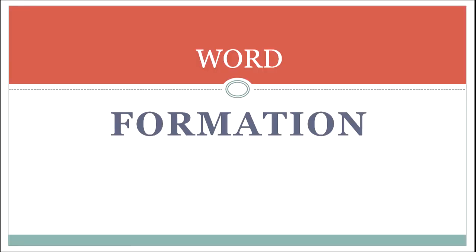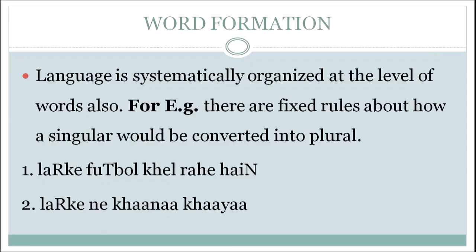Now we talk about the other structure in a particular language which is important, and that is word formation. How are words formed in a particular language? When we talk about word formation, we say that language is not just organized at the level of sounds, at the level of sound structures, but it is also organized at the level of words. So there are fixed rules about how a singular would be converted into plural.